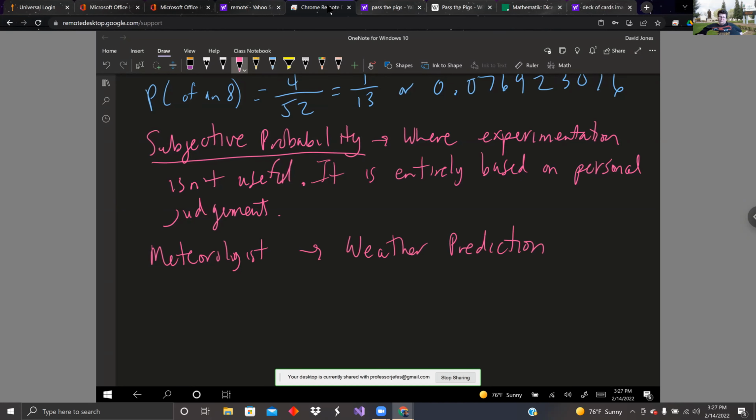But coming up with a number is just them making that up. Economists do it, like stock market predictions. They base their decisions on previous trends. They're not just guessing, but they're basing it on experience.